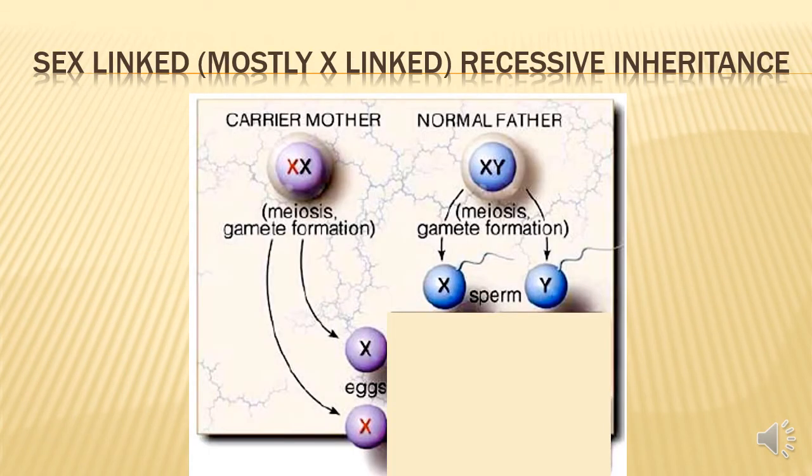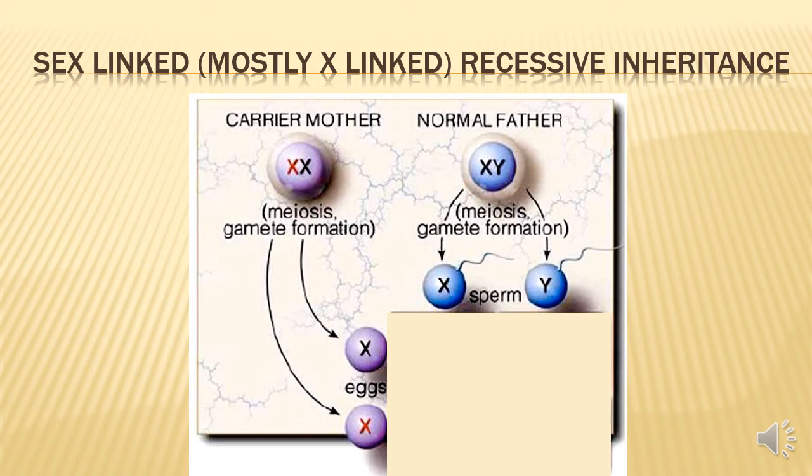In this example, both parents are phenotypically normal. But when you look at the genotype of this mother, you can see that she is a carrier of an X-linked disease.